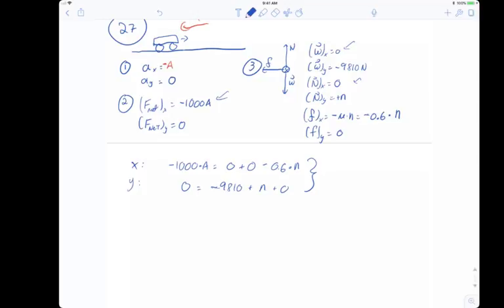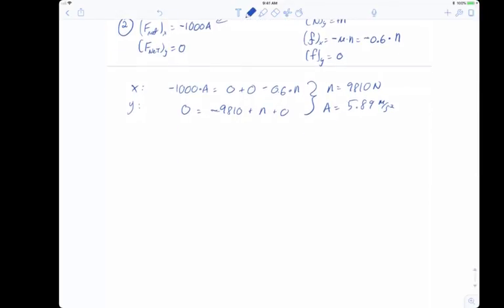And you solve these algebraically. Little n is equal to 9810 newtons, and the acceleration thus must be 9810 times 0.6 over 1,000, 5.89 meters per second squared.